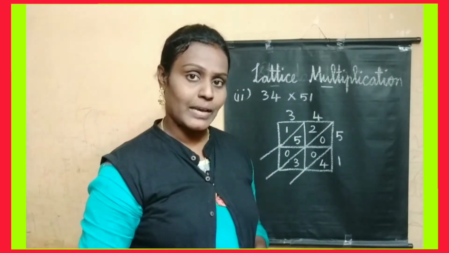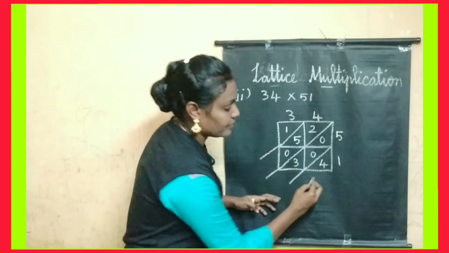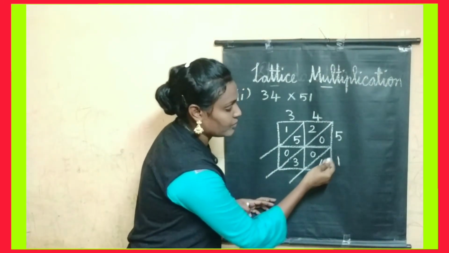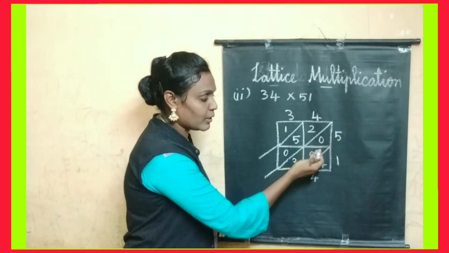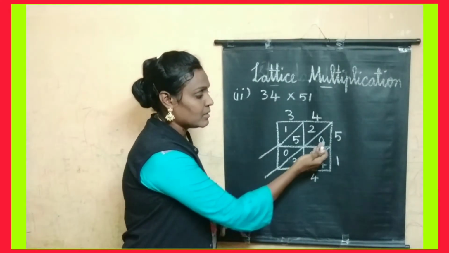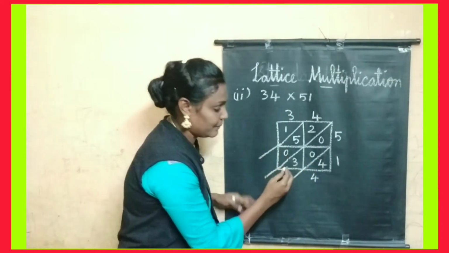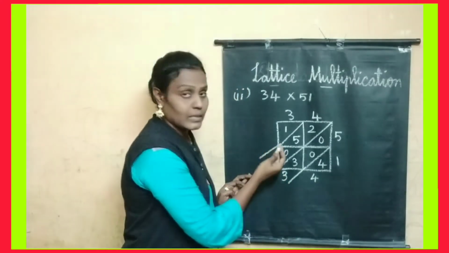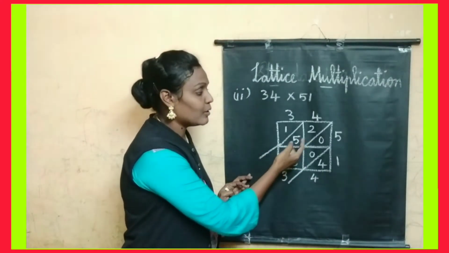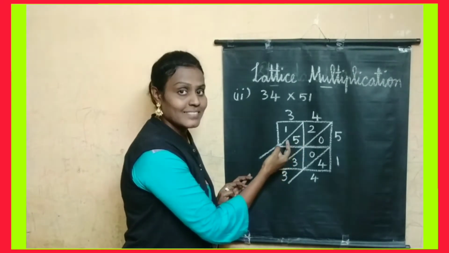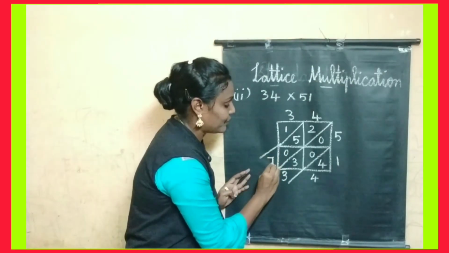Next, we have to add each diagonal. First we have 4. In the first diagonal there is only 4. Next we have 0, 0 and 3. 0 plus 0, 0. 0 plus 3, 3. Next we have 2, 5 and 0. 2 plus 5, 7. 7 plus 0, yes, 7.